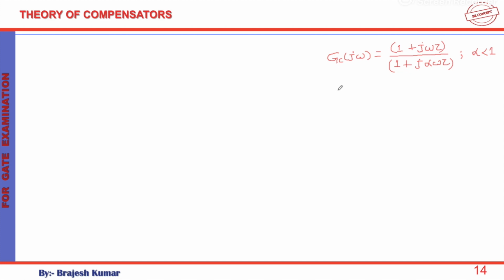Now, after removing the term alpha with an amplification of 1 upon alpha, finally the transfer function of the lead network is something like this.